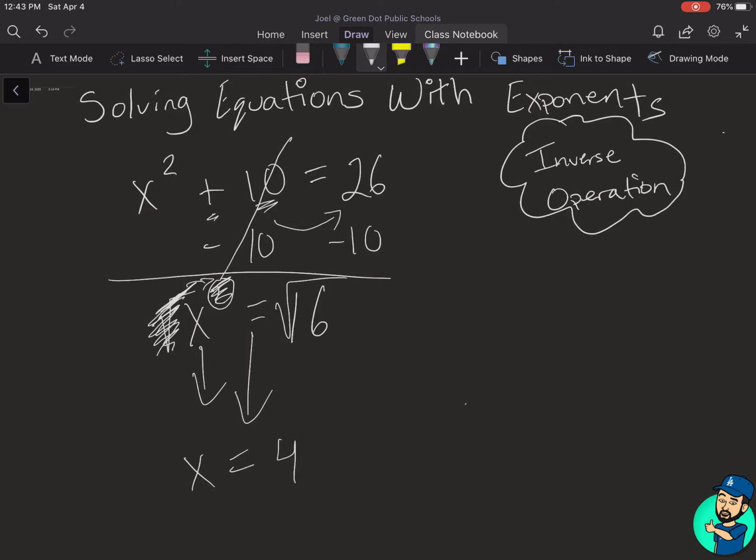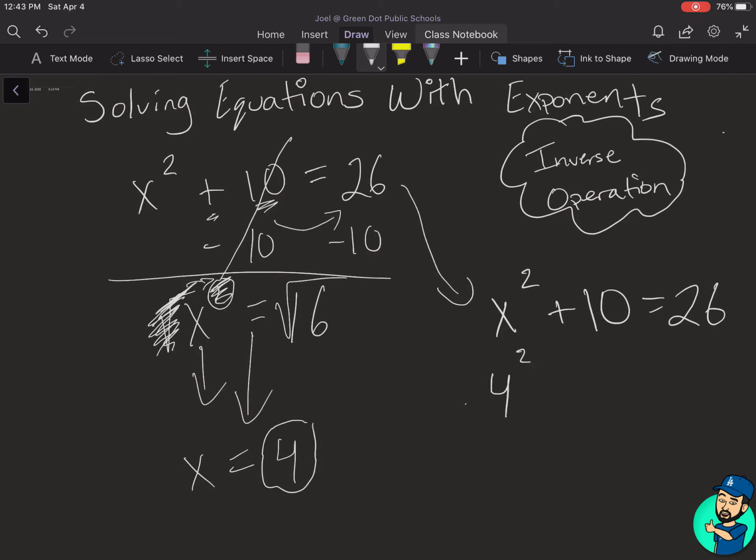Now let's check our work, just to prove it to you guys. We have x squared plus 10 equals 26. Now I'm going to substitute the x for a 4 because that's what we got over here. So I'll put 4 squared plus 10 equals 26. In PEMDAS, in the order of operations, exponents comes before adding.